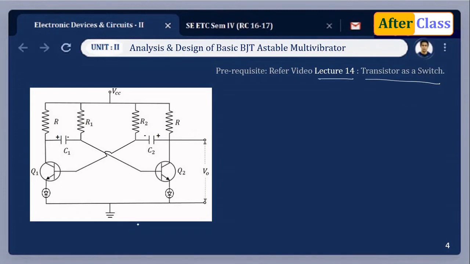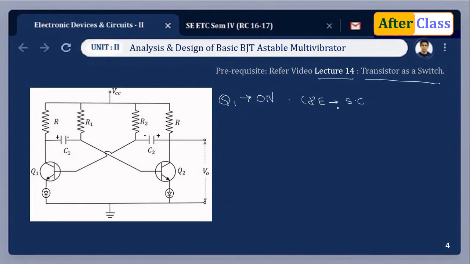So when transistor Q1 is on, its collector and emitter act as a short circuit.